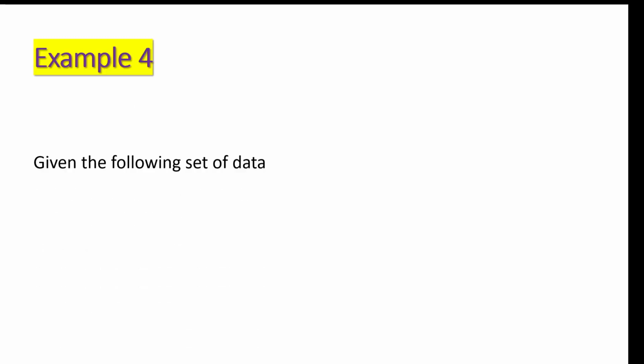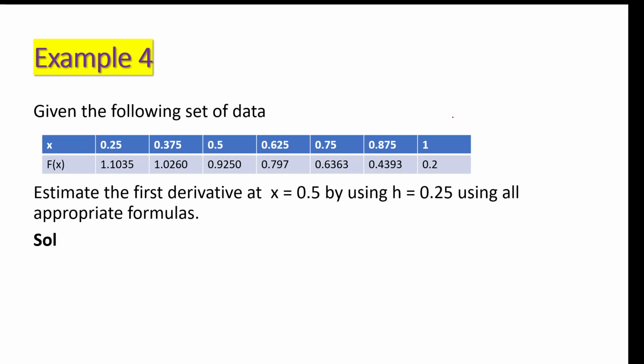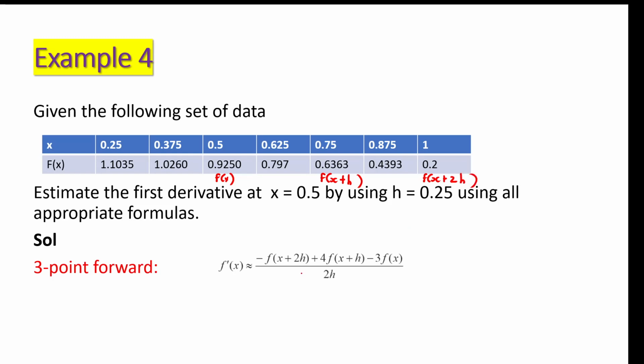For the 3-point forward, this is correct, h is 0.25. This is f(x), this is f(x+h), f(x+2h).